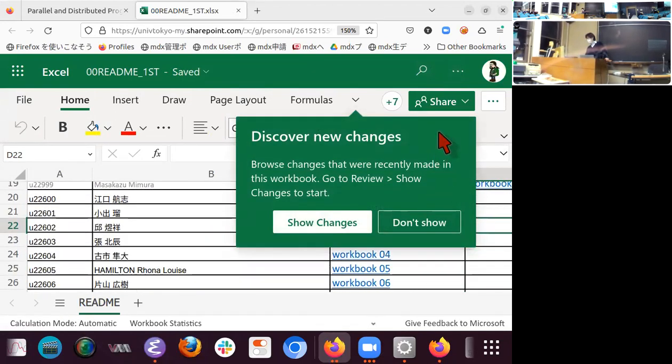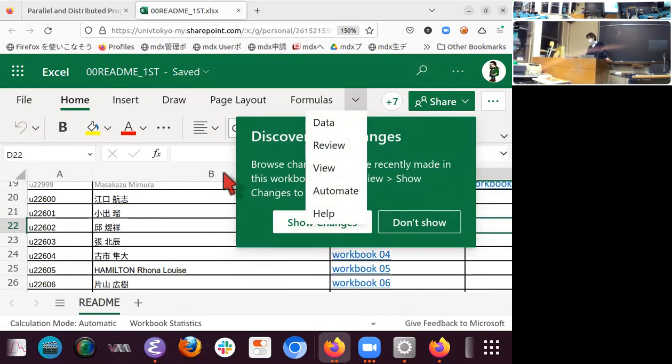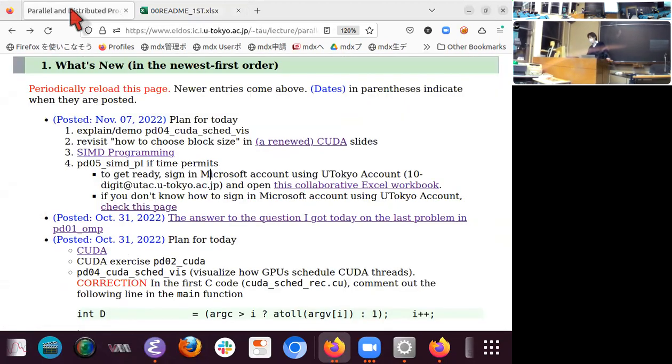Make sure that you are able to access this notebook and Excel sheet just by clicking this. To access this Excel workbook, you need to be able to sign in to Microsoft using your University of Tokyo account, a 10-digit number followed by @utac.u-tokyo.ac.jp.